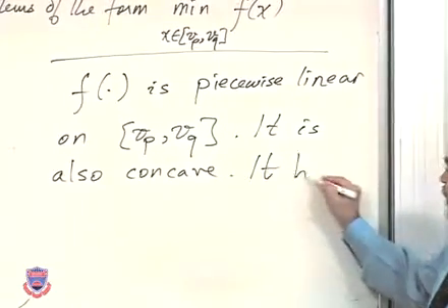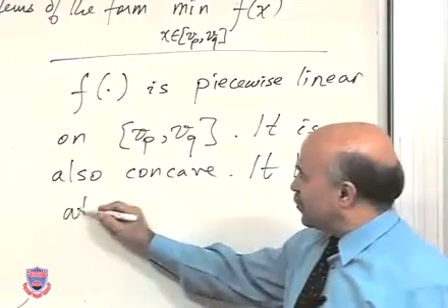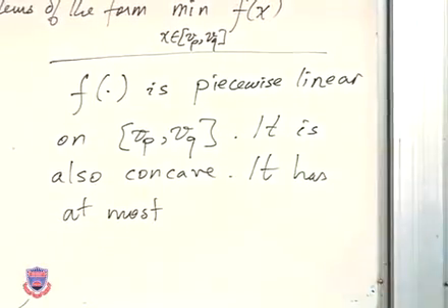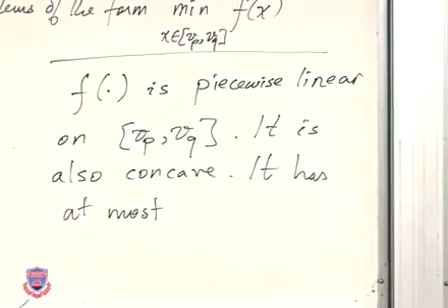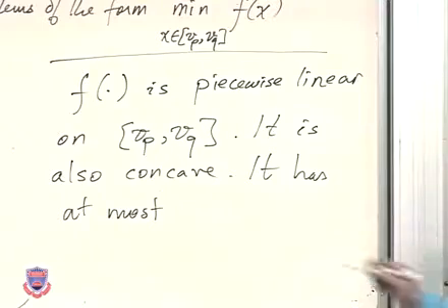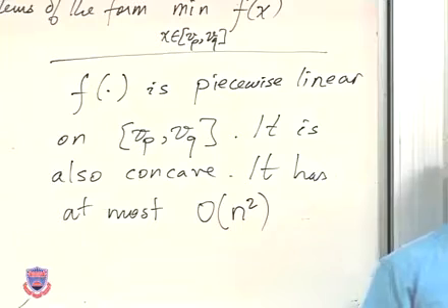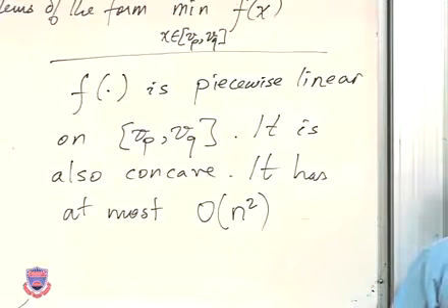It has at most so many pieces. John says 2 to n, but I don't think so. How much? Order n squared. Something proportionate to n squared, Haluk says. What do you think? Is that right or wrong?